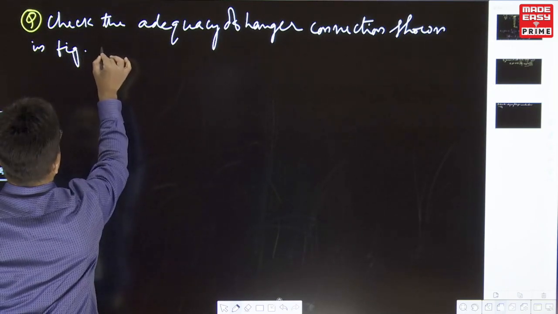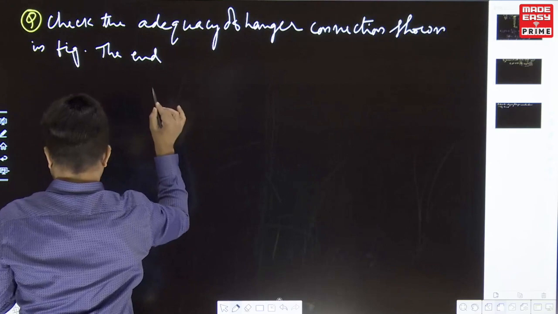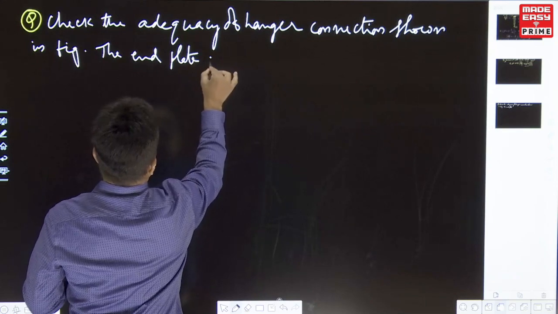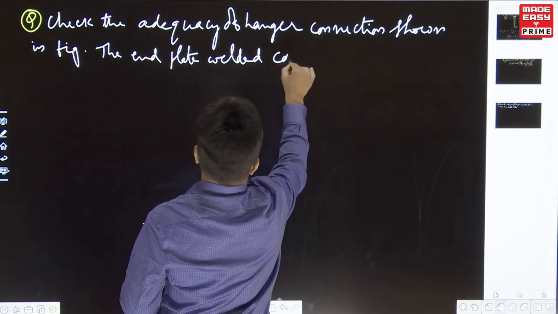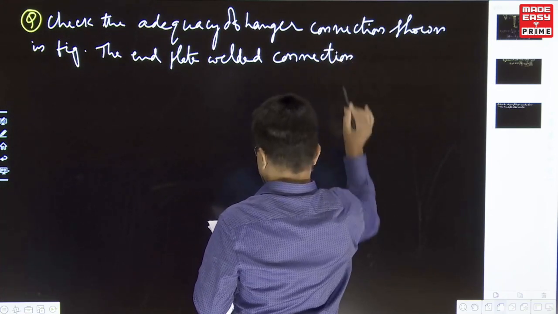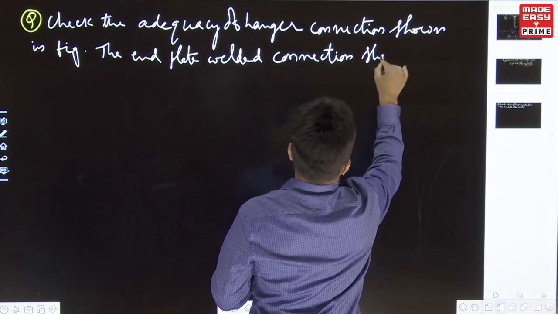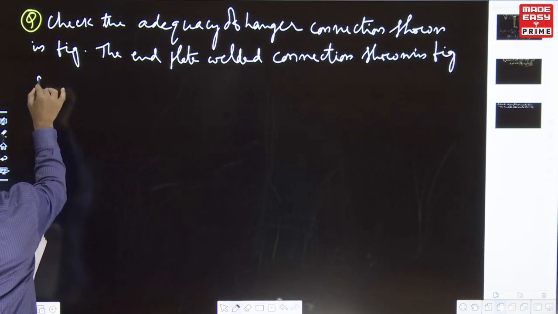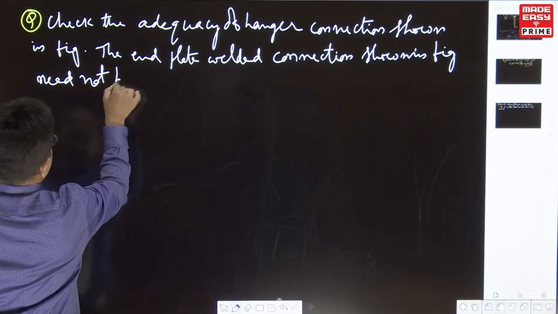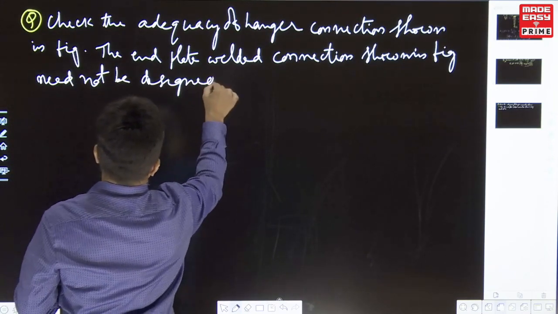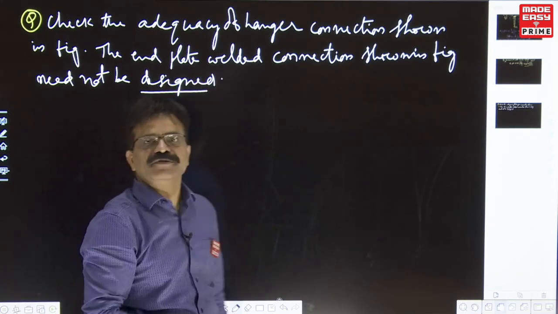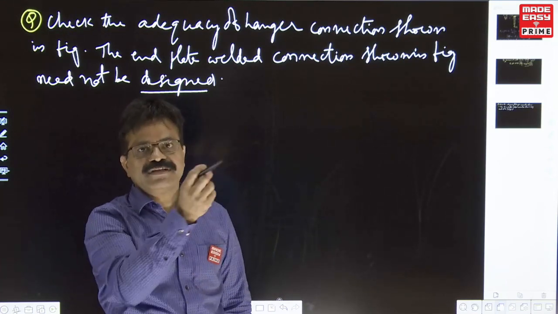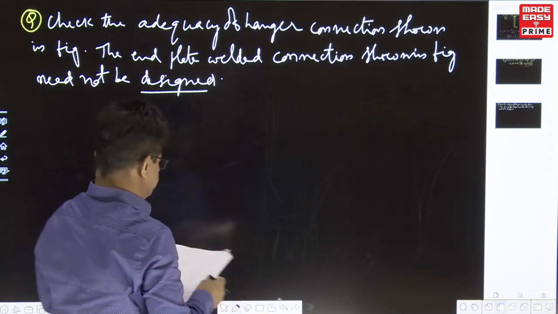The end plate welded connection shown in the figure need not be designed. Why does it need not be designed? Time is only 3 minutes or 4 minutes. If he gives us 1 hour, then we can also design the connection and the weld, and fix how much size of the weld.